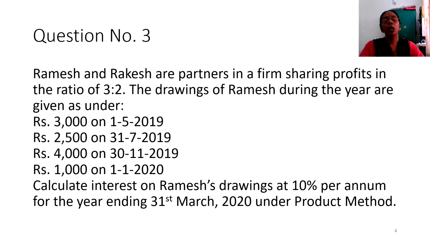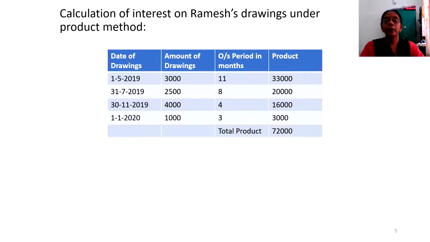To work on this particular sum, you require a table. The table comprises 4 columns: date of withdrawal, amount of drawings as mentioned in the question, outstanding period, and product. For the first 2 columns, the data is provided to you in the question itself.